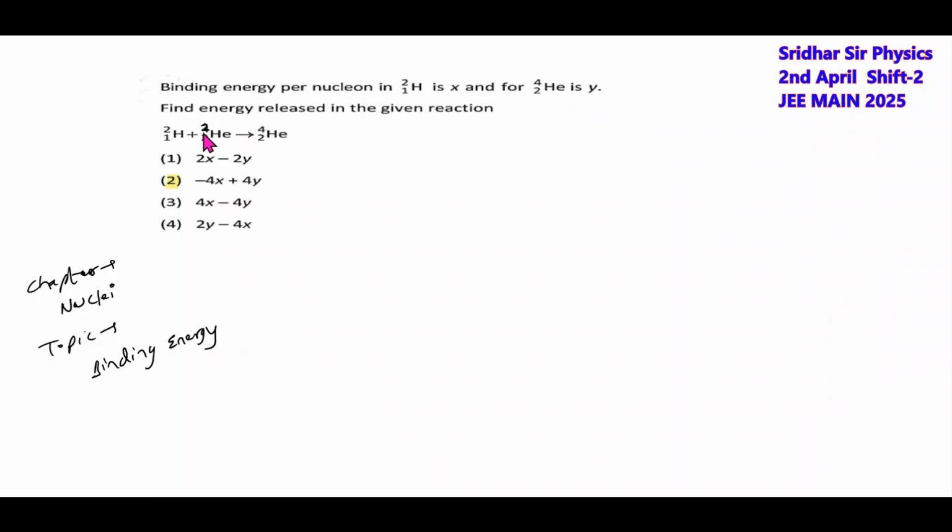So two deuteriums combine to form helium. You can call this a fusion reaction. The question is asking which particular equation is suitable. These are called the parents, and this is the daughter.